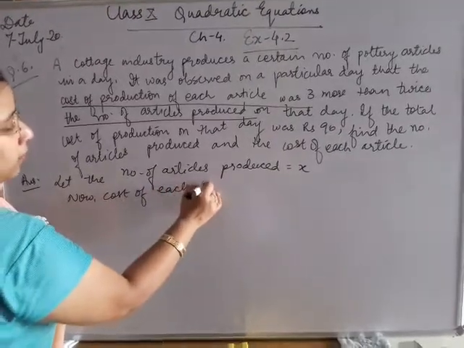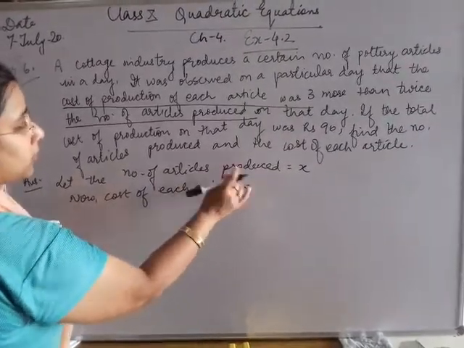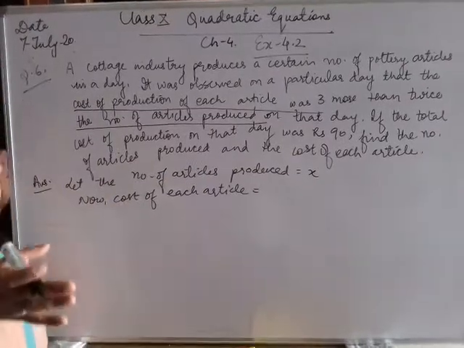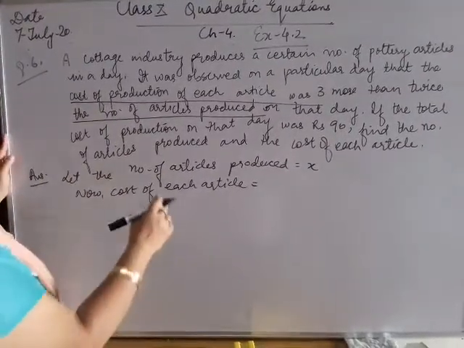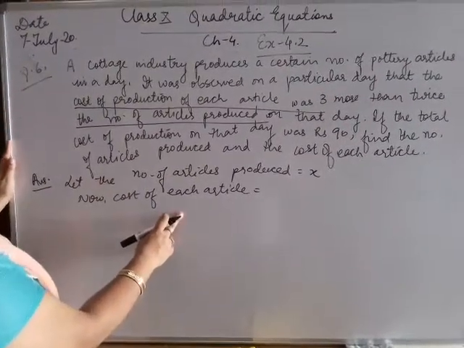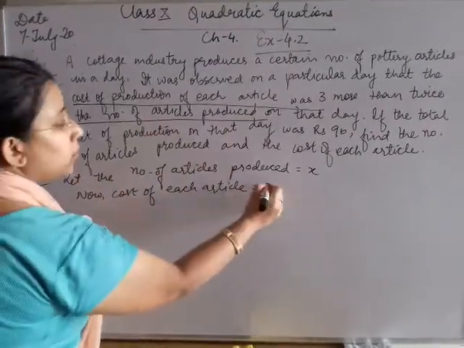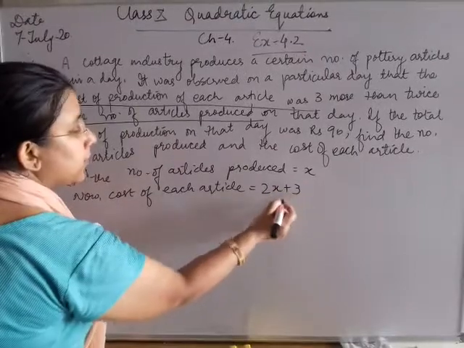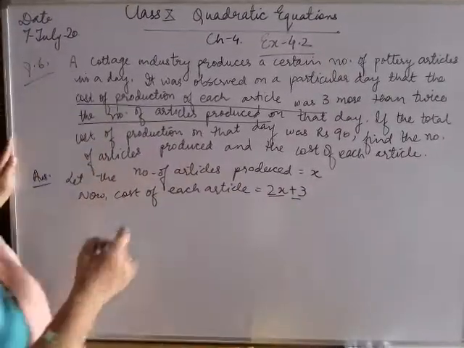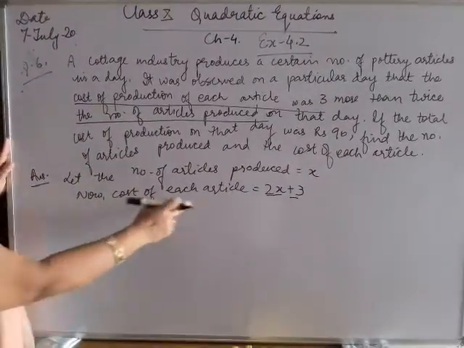This is the total number of articles produced, and now the cost of each article will be 3 more than twice the number. So 2x plus 3, that is 3 more than twice the number of articles. So this is the cost of each article.